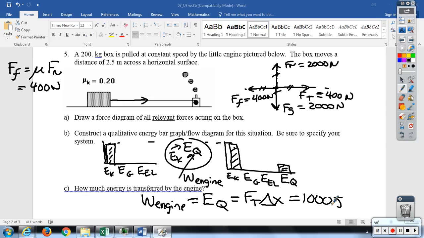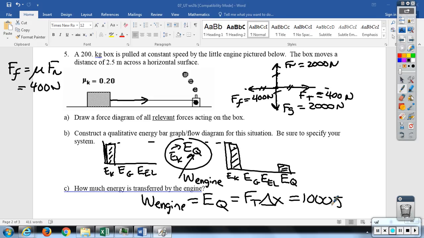There is more work done by the engine than negative work being done by friction. And so EK will continue to grow, and so the box will accelerate.